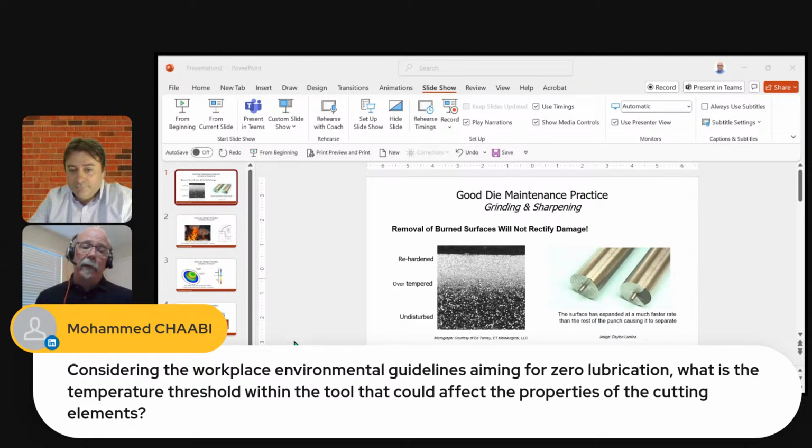Processes might have to run slower. More clearances may be required when we're doing cutting and punching. But the whole issue is going to be heat and trying to mitigate heat.